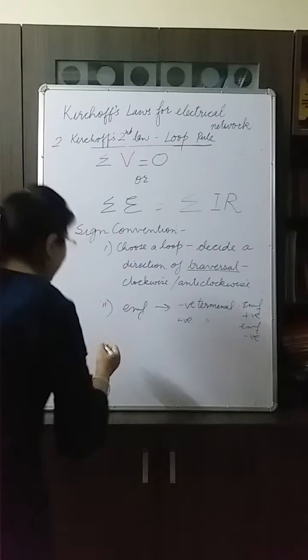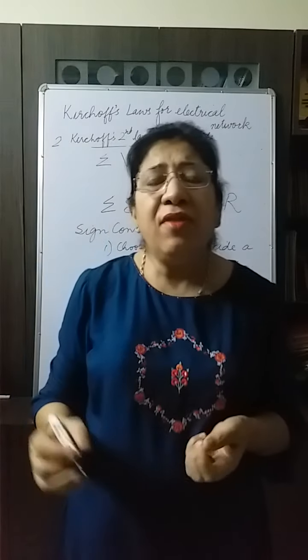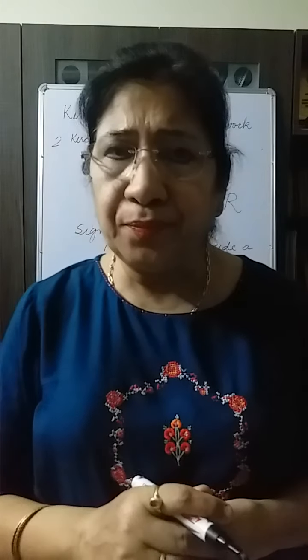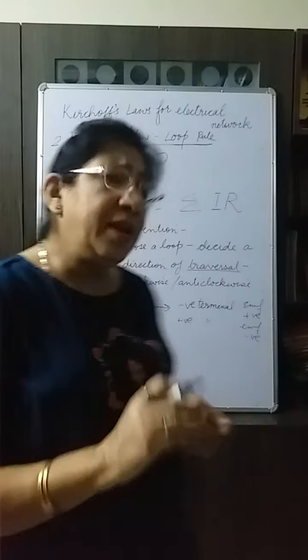The third step is that wherever you have a resistor and the potential difference across it is to be seen, if the current is in the direction of our traversal direction, then IR is taken to be positive, and if the current is in the direction opposite to our traversal direction, then it is taken to be negative.